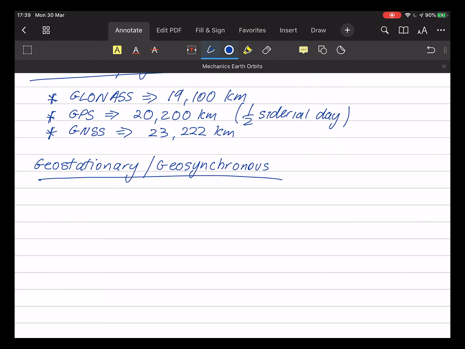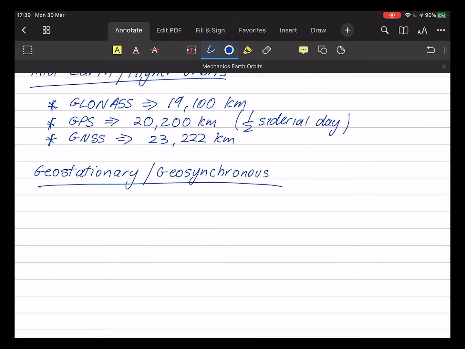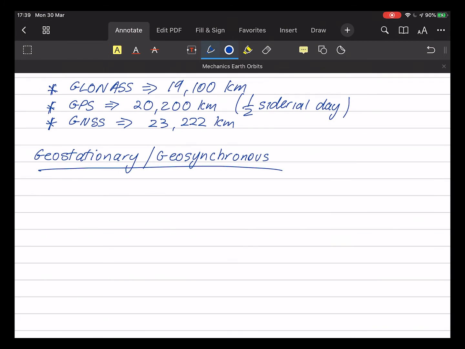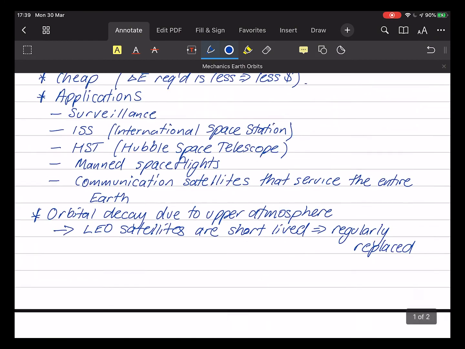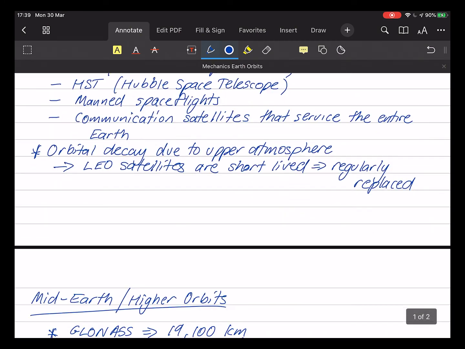And so that will be what we call a geosynchronous orbit. So it's not stationary, but its timing is 1 sidereal day. At this place, you put weather satellites or communication satellites that only service the one area.